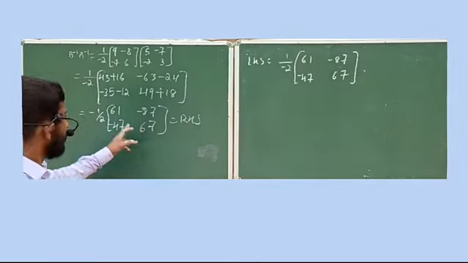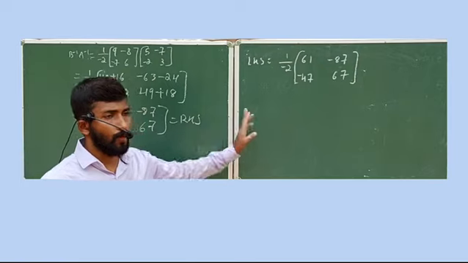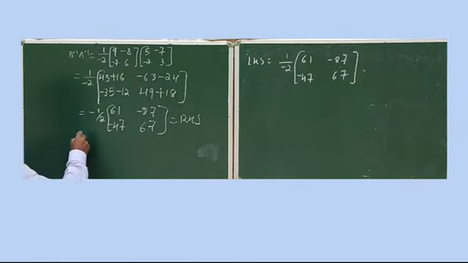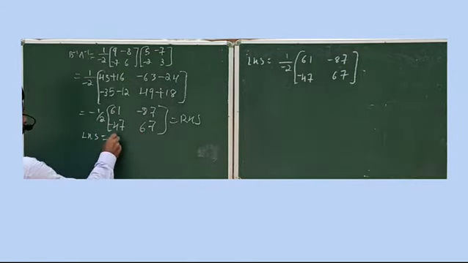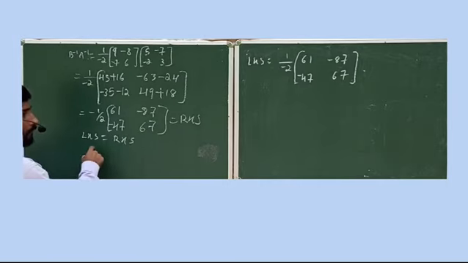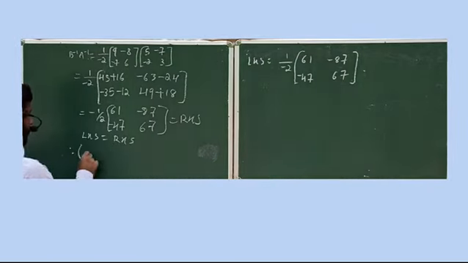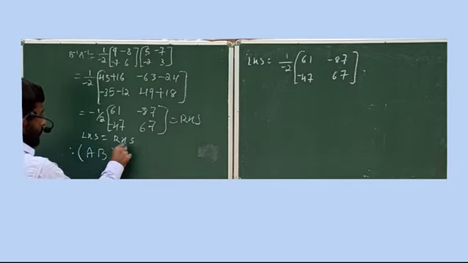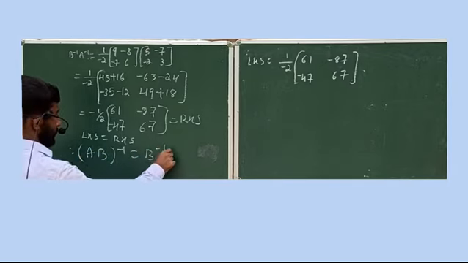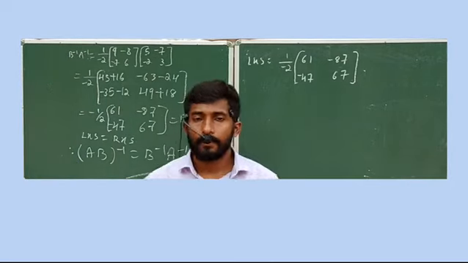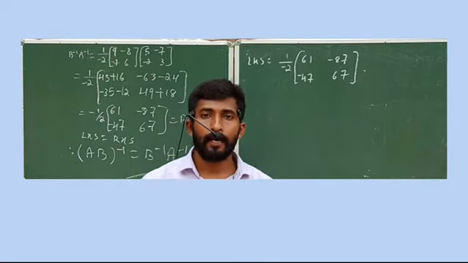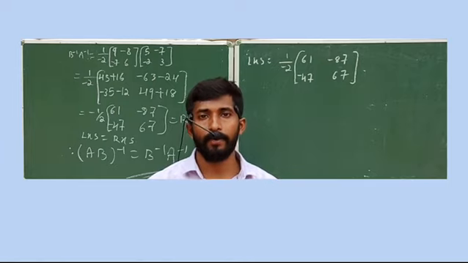Now see, LHS value and RHS value are equal. By this you can write LHS equal to RHS. If LHS is equal to RHS, what is your result? Therefore, (AB) whole inverse is equal to B inverse into A inverse. Result is verified. These are some important questions related to inverse of a square matrix.